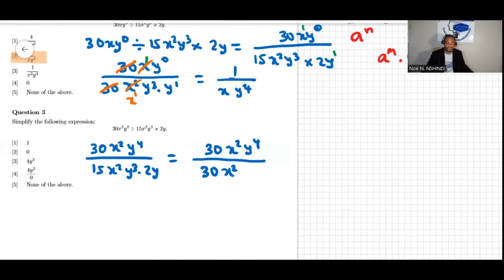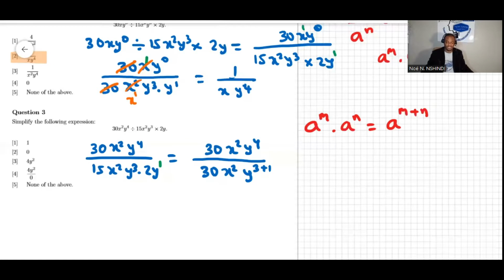Over here, when you don't see any exponent, understand that the exponent is 1, okay? And then the law says this. I wrote it earlier, but I prefer to write it again. A to the power of m times a to the power of n: in this situation, you just write a to the power of m plus n. So over here, it's going to be y to the power of 3 plus 1, okay, which is 4. Let's keep it like that, 3 plus 1.